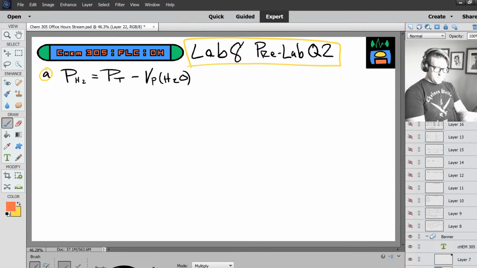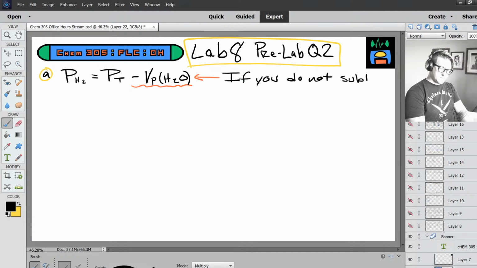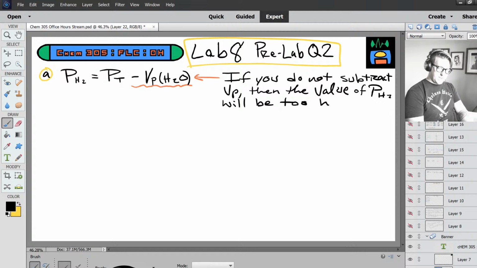All right, then right here, if you do not subtract the vapor pressure, then the value of your partial pressure of hydrogen will be too high, right?